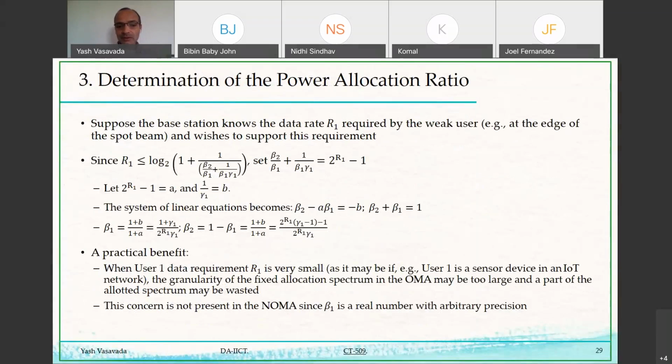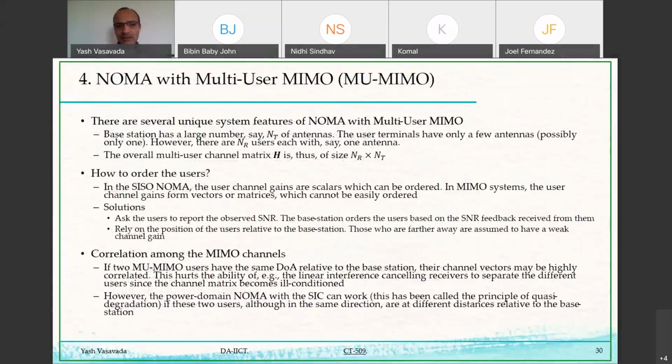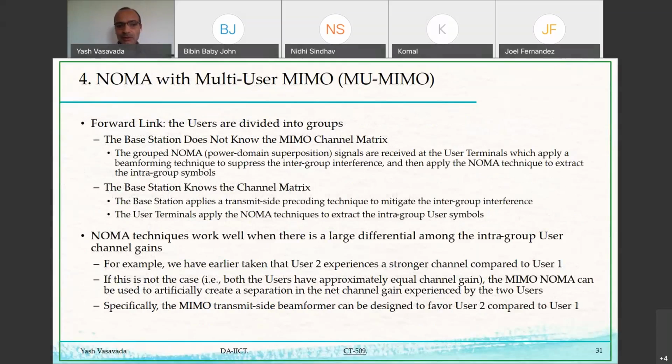We saw how to determine the power allocation ratios on the forward link at the base station. We briefly considered multi-user MIMO with NOMA, and we saw how there can be some intra-group NOMA in conjunction with intergroup MIMO precoding or interference cancellation techniques.